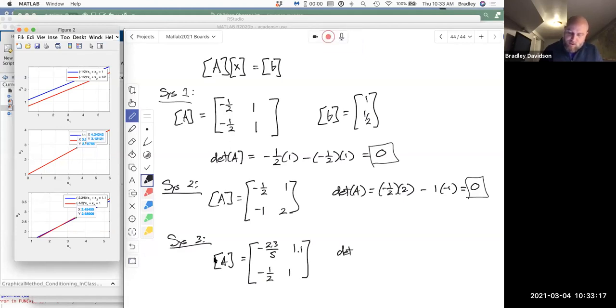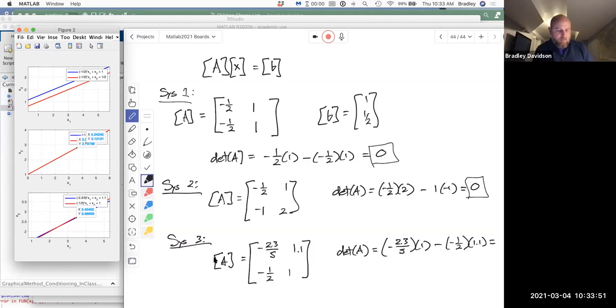The determinant of A, which it doesn't look like I calculated correctly, is going to be negative 2.3 divided by 5 multiplied times 1, and then we're going to subtract negative 1/2 multiplied times 1.1. Let's do that calculation really quickly.